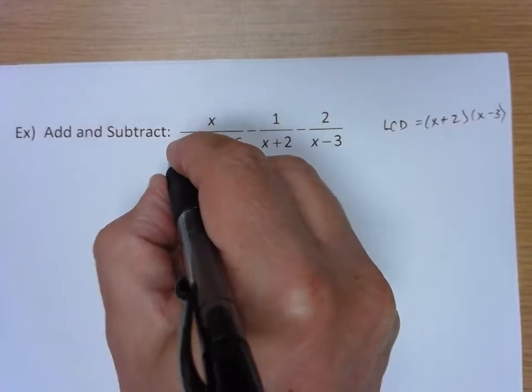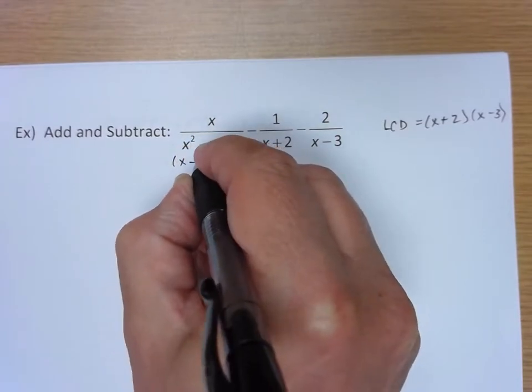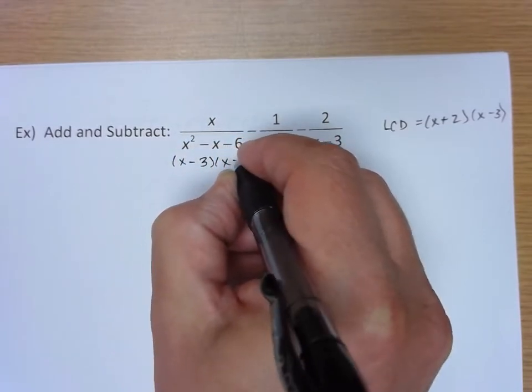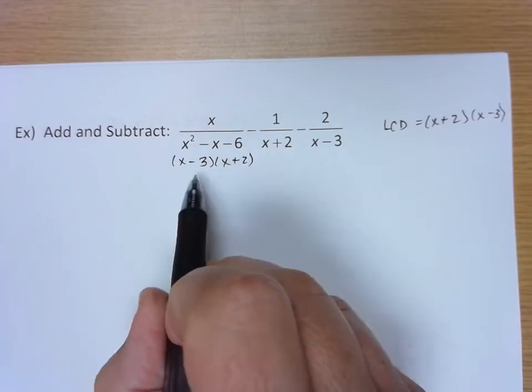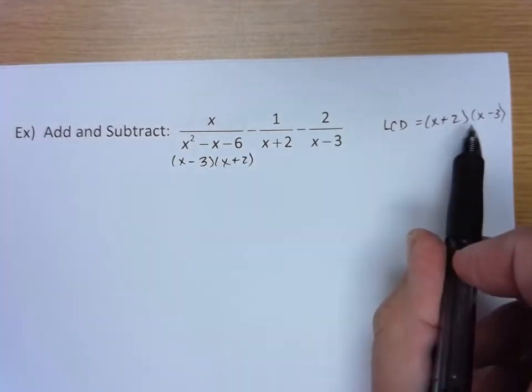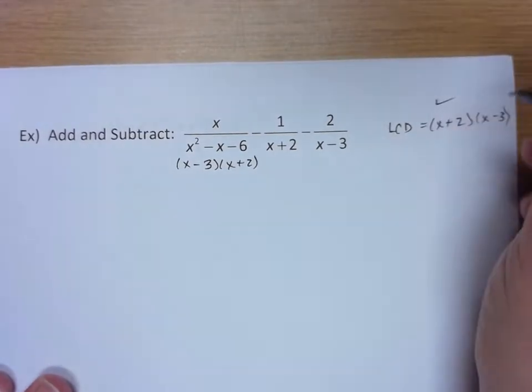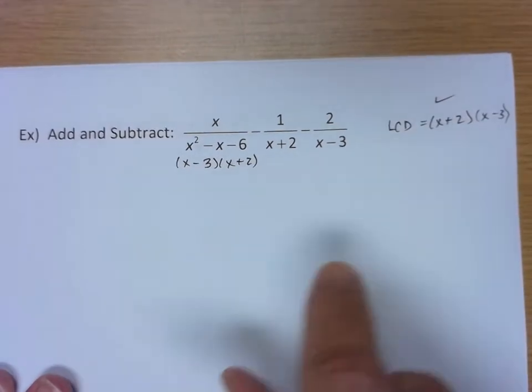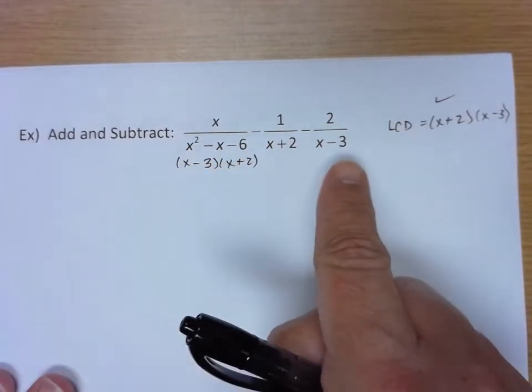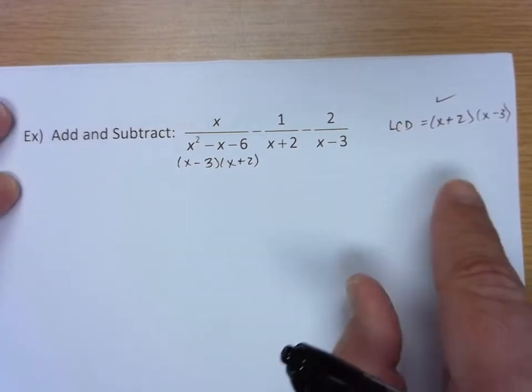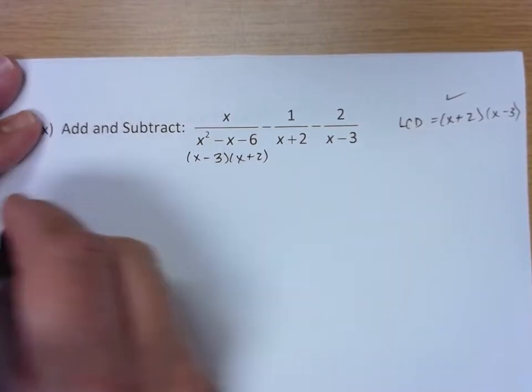So that's going to be x minus 3 and x plus 2. And since that factors as the same two factors we've already got, that means this is our full correct LCD. So I need to transform all three of these fractions so that they have a denominator that looks like x plus 2 times x minus 3.